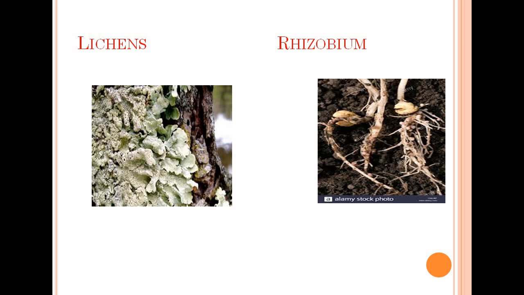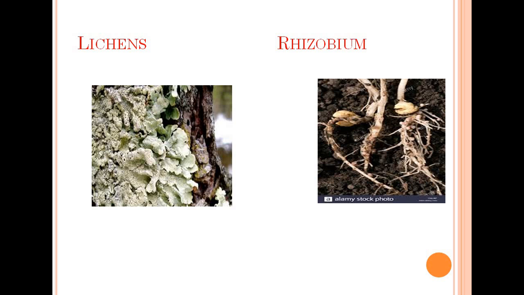The roots of plants like pea contain bacteria called rhizobium. Rhizobium converts atmospheric nitrogen into a plant-usable form, that is ammonia. The plant in turn provides nutrients for the bacteria's growth. So in two ways they are helping each other.